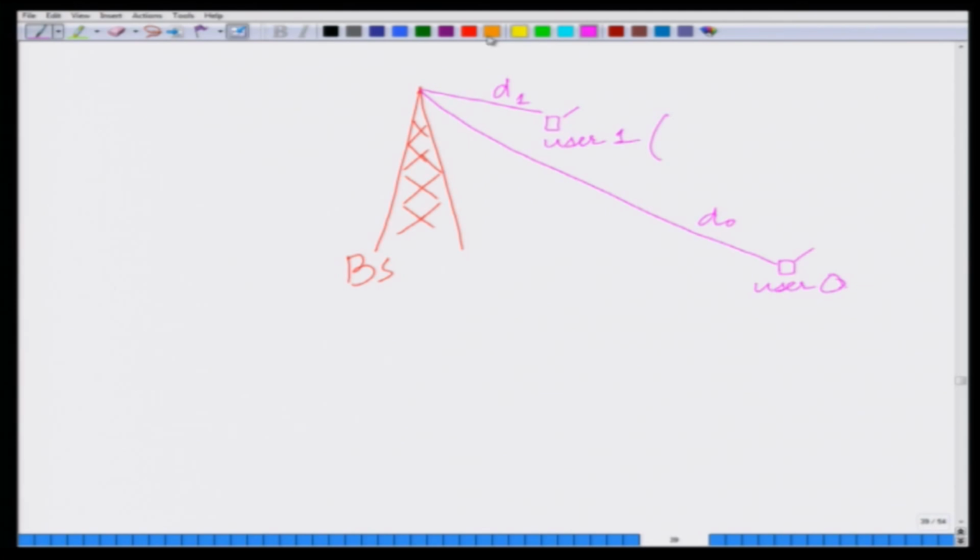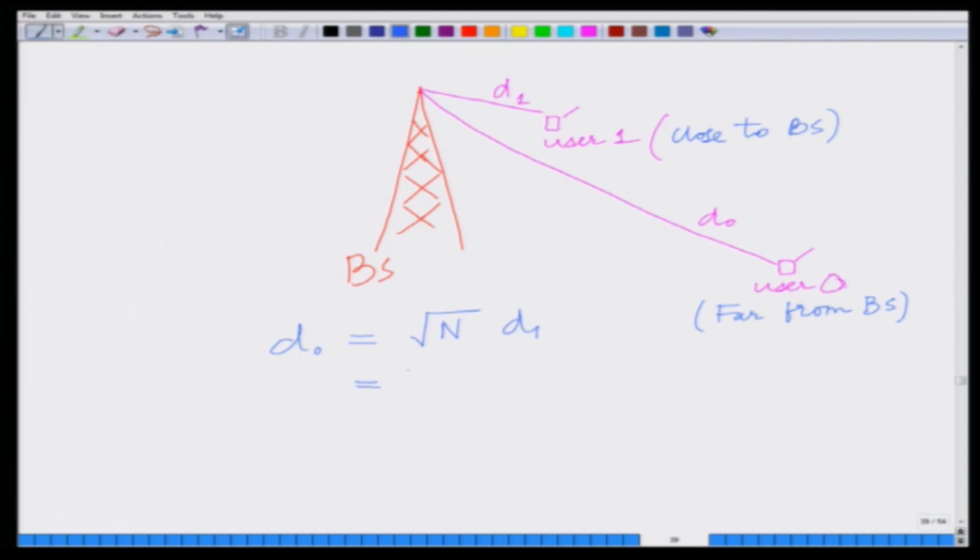So, user 1 is close to the base station, user 0 is far from the base station. d0 is the distance of user 0, d1 is the distance of user 1. Let us have the relation d0 equals square root of N times d1.